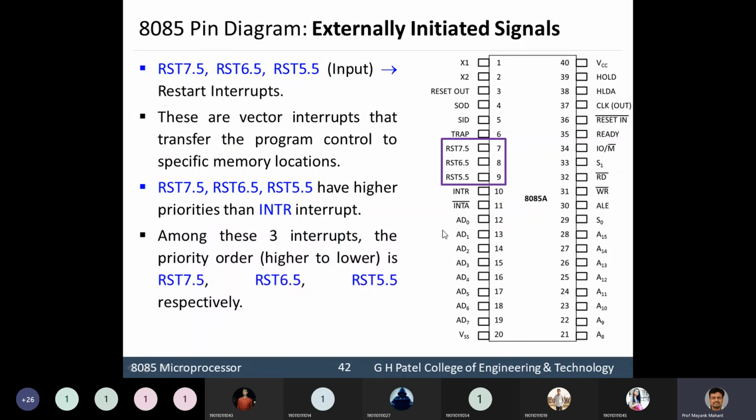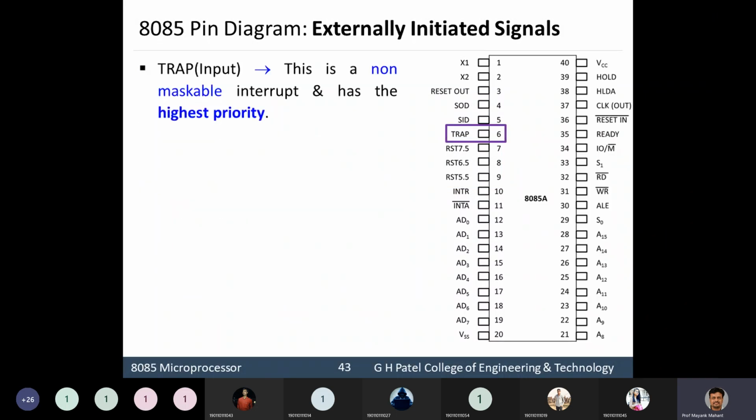Among these three interrupts, the priority order from higher to lower is 7.5, 6.5, 5.5 respectively. So the highest priority is 7.5, then 6.5, then 5.5 and then INTR. There is another interrupt which has even higher priority, which is the non-maskable interrupt, TRAP.